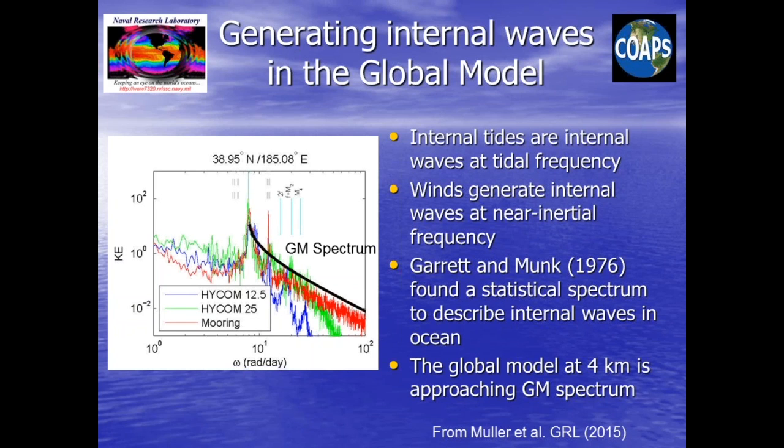And I didn't pull it off, but there's now a 1/48th degree global model that's been run by people using a different model at the Jet Propulsion Laboratory. And if you make this plot, it does even better. So as the resolution of the model is increasing, we apparently are generating internal gravity waves now that we've added the tide.